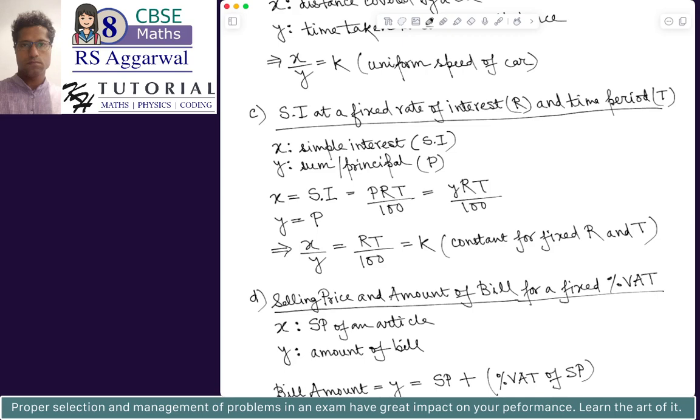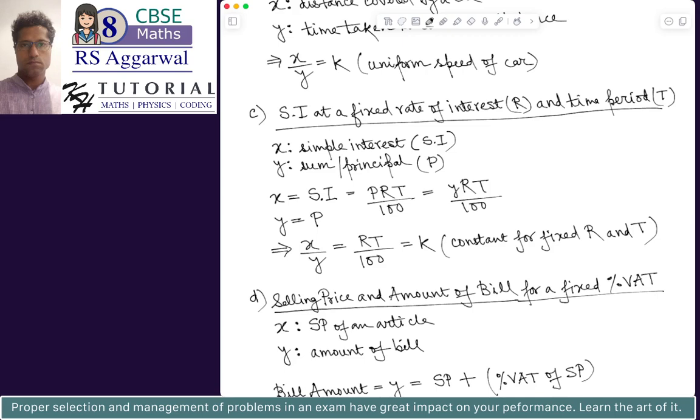So in this example, x is representing the simple interest at a fixed rate of interest R per annum and a time period of T, and y is representing the sum or the principal, that is P.